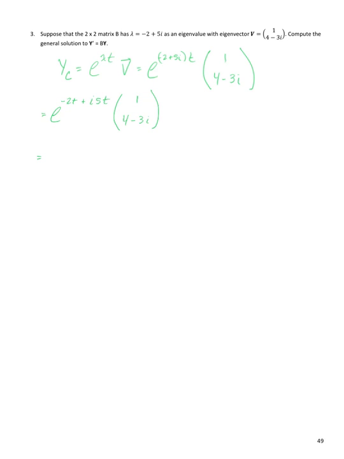I'm going to do the little trick that we've been doing all semester where when you have an addition in an exponent, you can rewrite that as multiplying two bases. Now I can do Euler's formula on this piece. This is already real, so I don't have to do anything to that. E to the negative 2t times, Euler's formula says that this would be cosine 5t plus i sine 5t. This is all times the vector 1, 4 minus 3i.